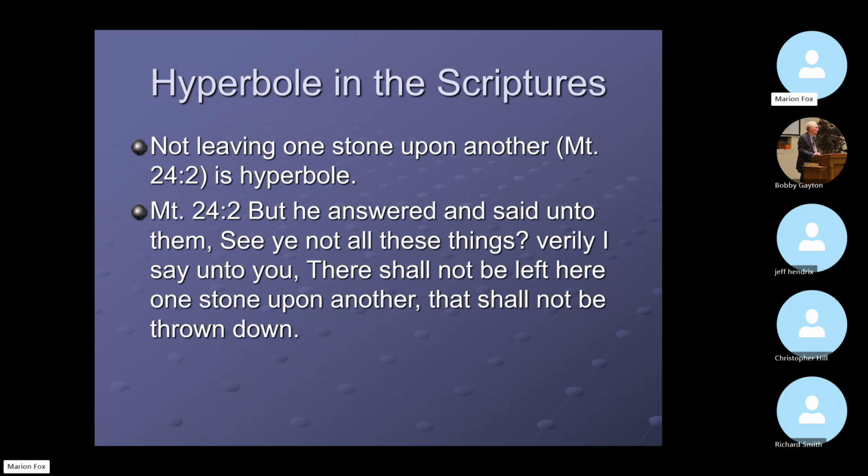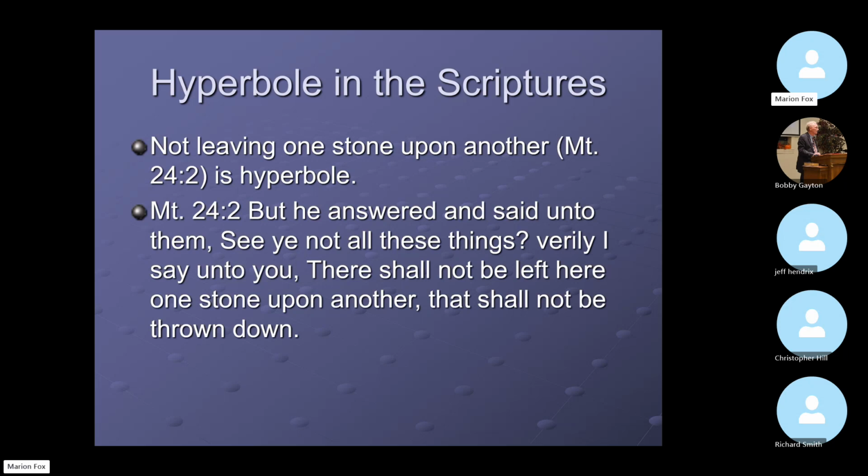So "all" is limited by the context, always is. And not all of these things, he's talking about the things that they were looking at at that time. "Verily I say unto you, there shall not be left here one stone upon another that shall not be thrown down." So this whole city and the temple itself will be overthrown.